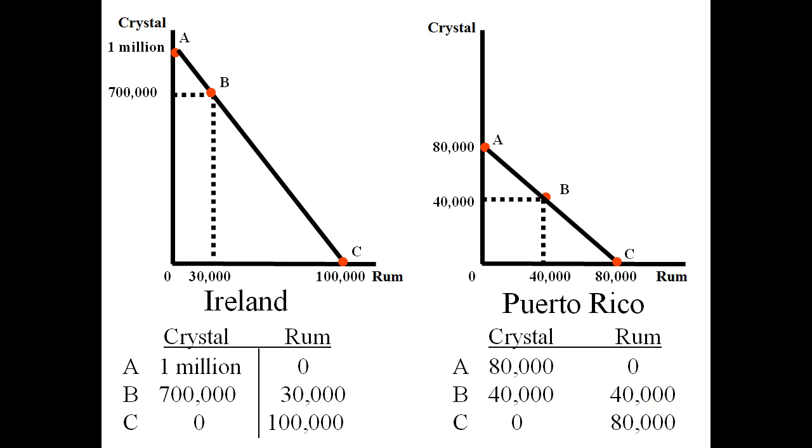So we have straight production possibilities curves because they're constant opportunity cost curves. We're going to use these two curves to figure out comparative and absolute advantage.